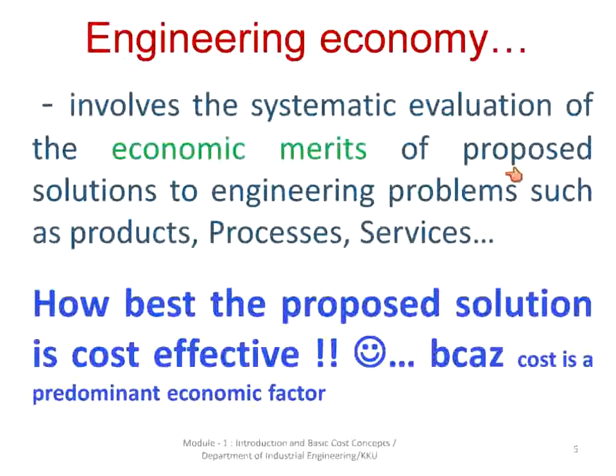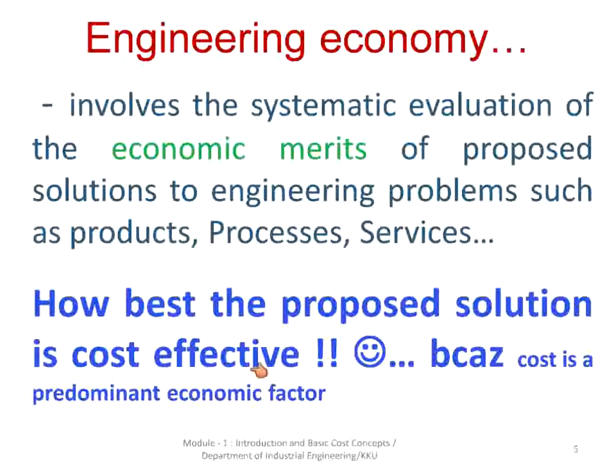So any nature of company will have its own problems. All are engineering companies, so we call them engineering problems. Each engineering problem has more solutions. Among the more solutions, we will compare which solution is good, which solution has more advantage economically. And finally, we will choose the best proposed solution.